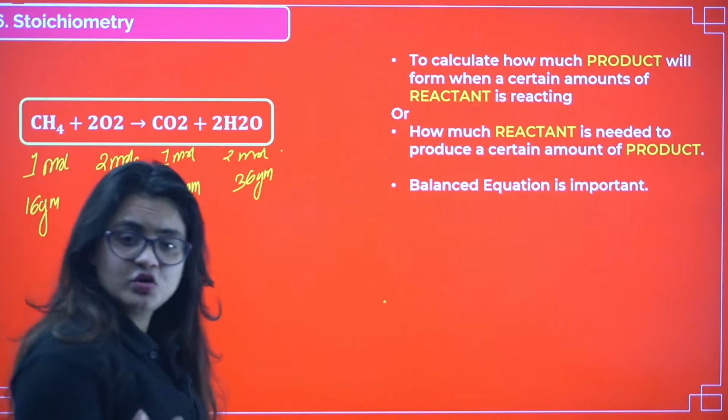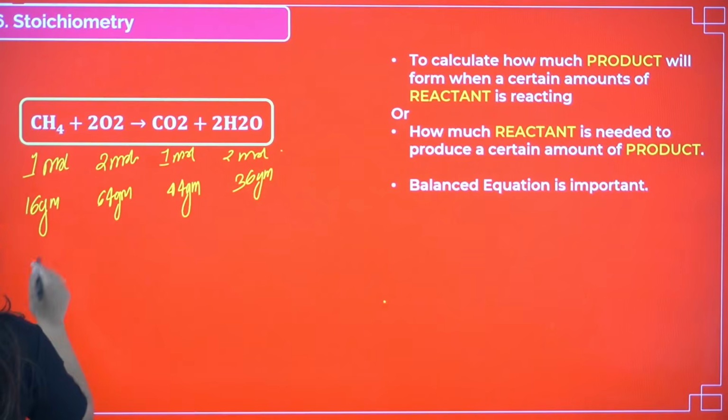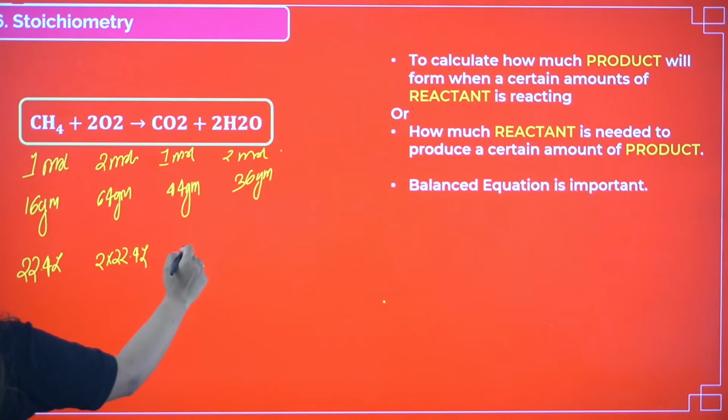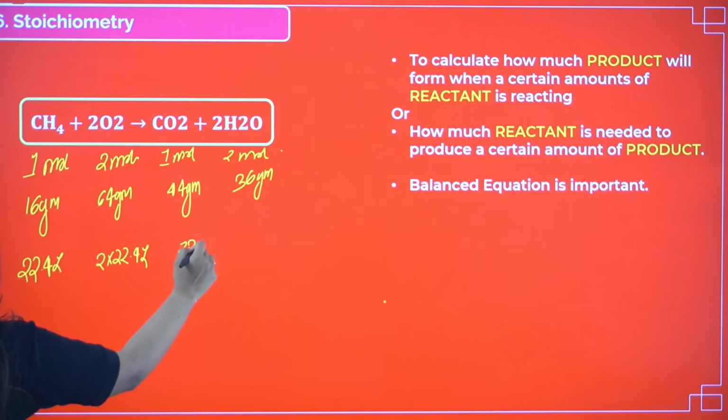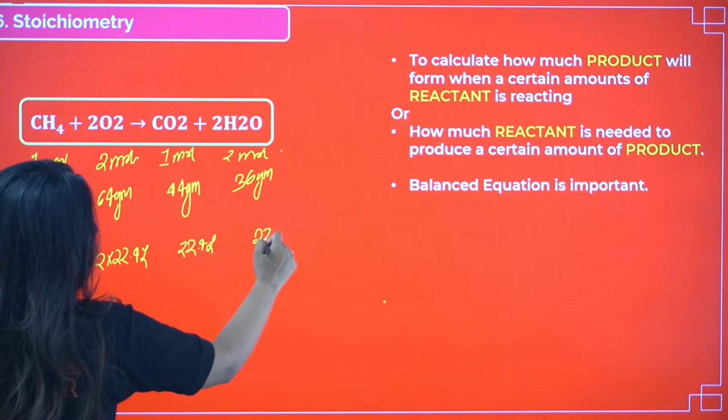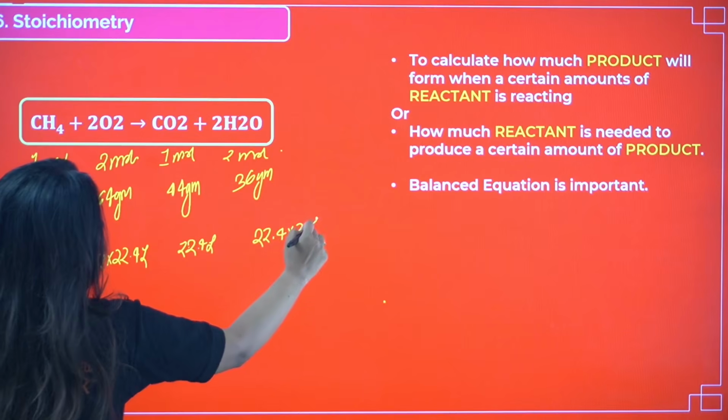In the form of volume also we can analyze. 1 mole means 22.4 liter. 22.4 liter of methane will always react with 2 into 22.4 liter of oxygen to give 22.4 liter of CO2 and 22.4 into 2 liter of water.